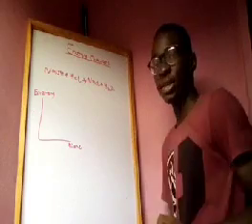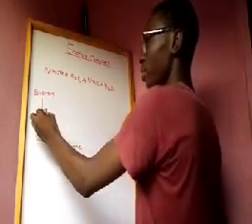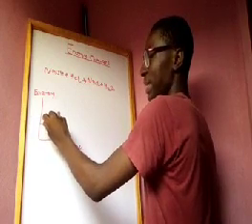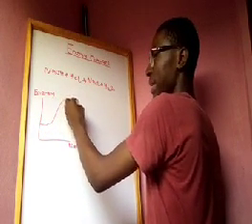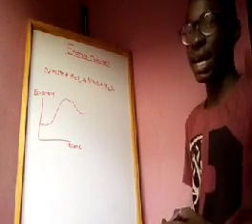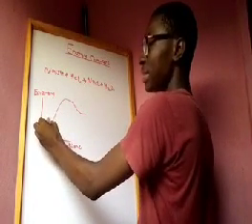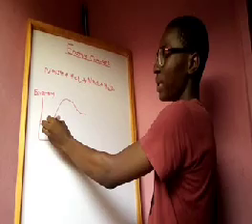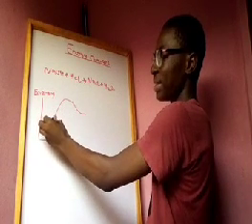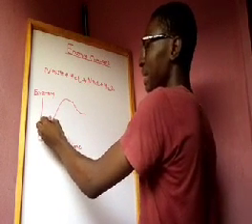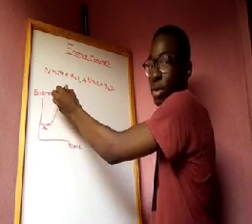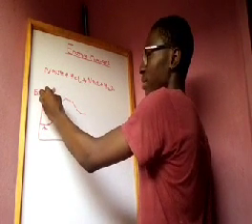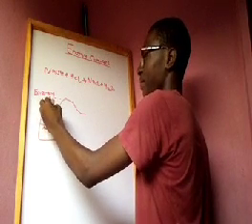So for endothermic reactions, your energy always starts from a low level, and then when it gets to a particular stage, it picks up and then gets to the final stage. This is the energy of the reactant. Then when the reaction starts off, there's an amount of energy needed to spur this reaction. So this is the activation energy, from this peak to the low of the reaction.